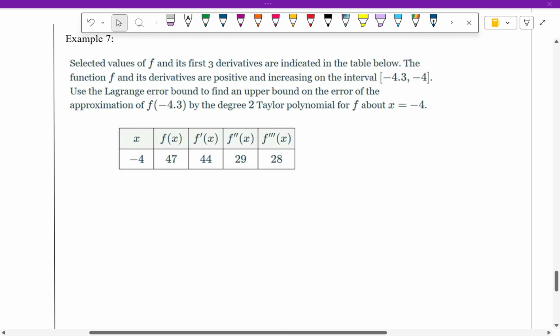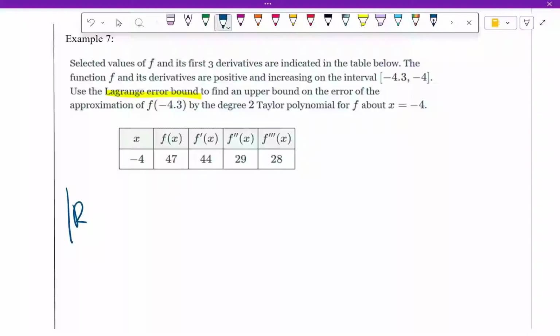Again, we have all the parts. It's talking about us finding the Lagrange error bound, they were very specific about that. So I know I'm going to have to dig out that formula. So let's dig out the formula. So absolute value of the remainder, what is the degree? 2. It says it right here. So degree 2 is less than or equal to, okay?